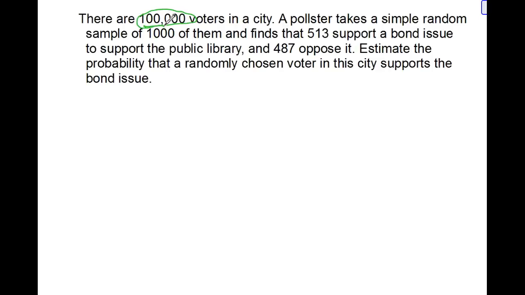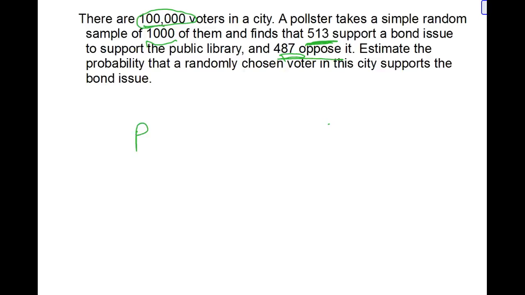So we take a sample and try to make it large, so 1,000. Of those 1,000, 513 supported the issue and 487 opposed it. Therefore, if we select anybody else in the city outside these 1,000 voters, we want to know the probability that they will support the issue.